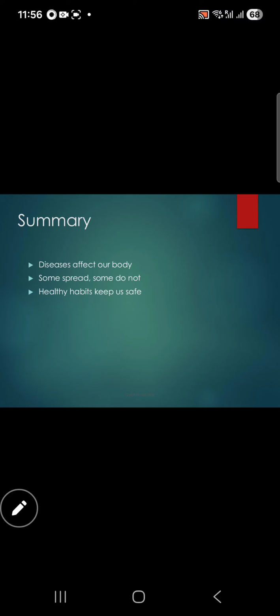Follow a healthy lifestyle. Now, summary. Diseases affect our body. Students, health is defined as the state of physical and mental well-being. Ill health can be caused by both communicable and non-communicable diseases. Four main types account for 80% of all deaths: cardiovascular diseases, cancer, chronic diseases, and diabetes.